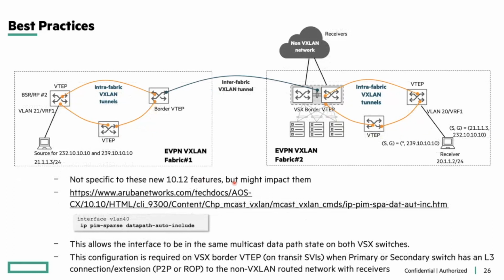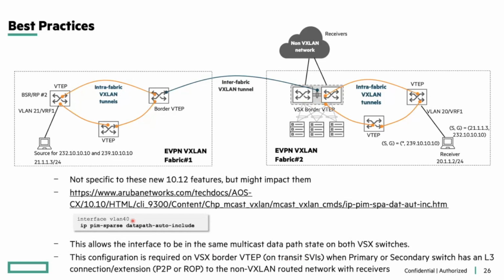Other reminders, this command on the SVI. This is required, again, this was released earlier, before 10.12. Just a reminder. This allows the interface to be in the same multicast data path state on both VSX switches. So you really only need it on VSX border switches here, on the transit SVI.